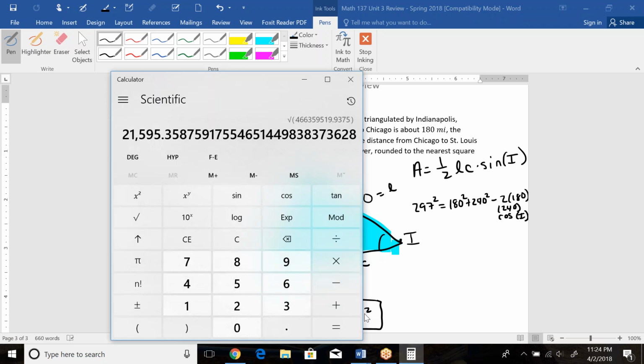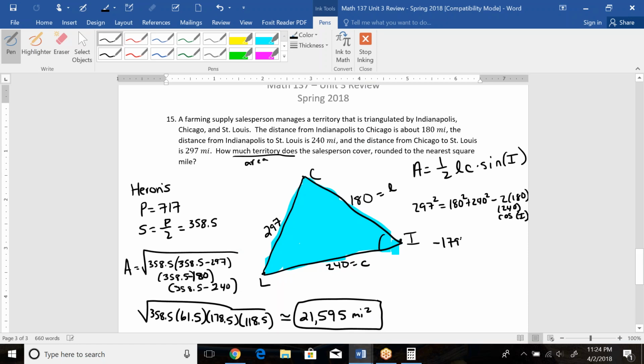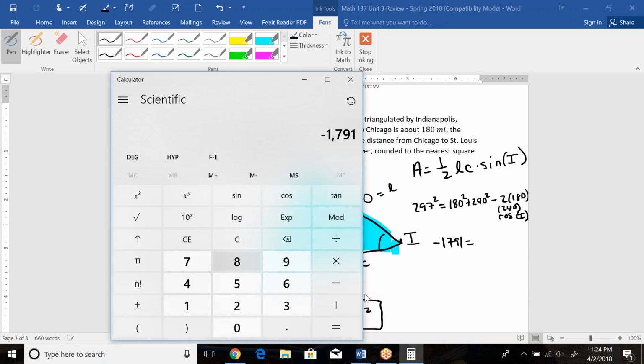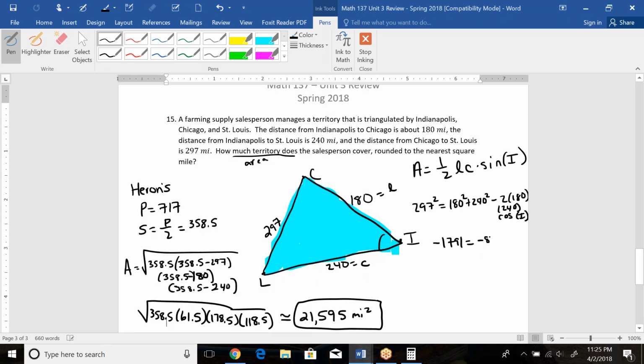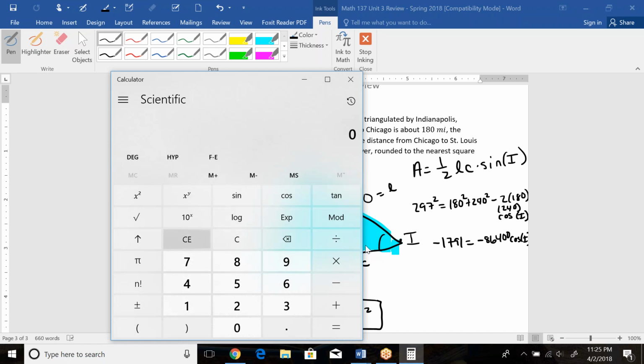I worked this out earlier, and I'm just going to do it quickly. So I did 297 squared minus 180 squared minus 240 squared, and I got negative 1791 on this side. Then I multiplied these three numbers together in front of the cosine I, so that's 180 times 240 times negative 2, which is negative 86,400 cosine of I. We divide negative 1791 by negative 86,400.